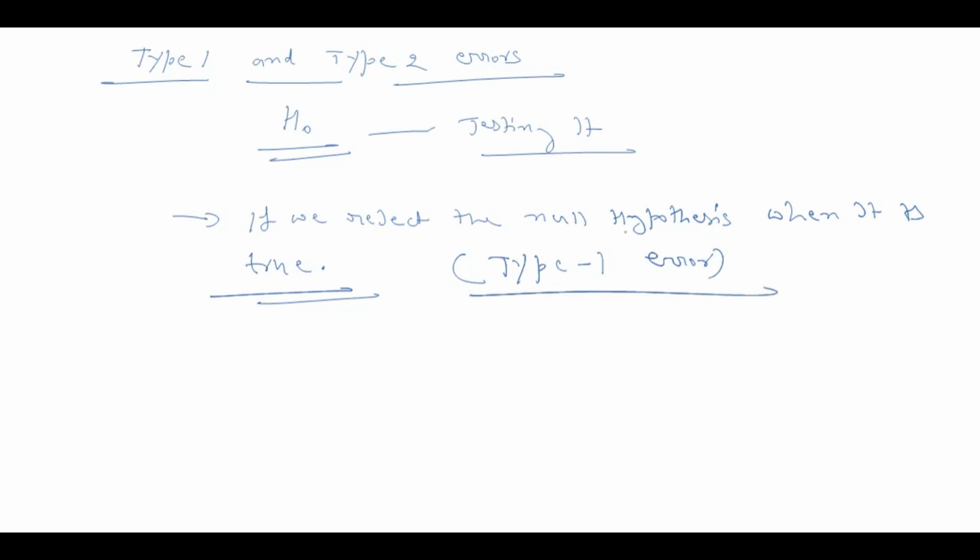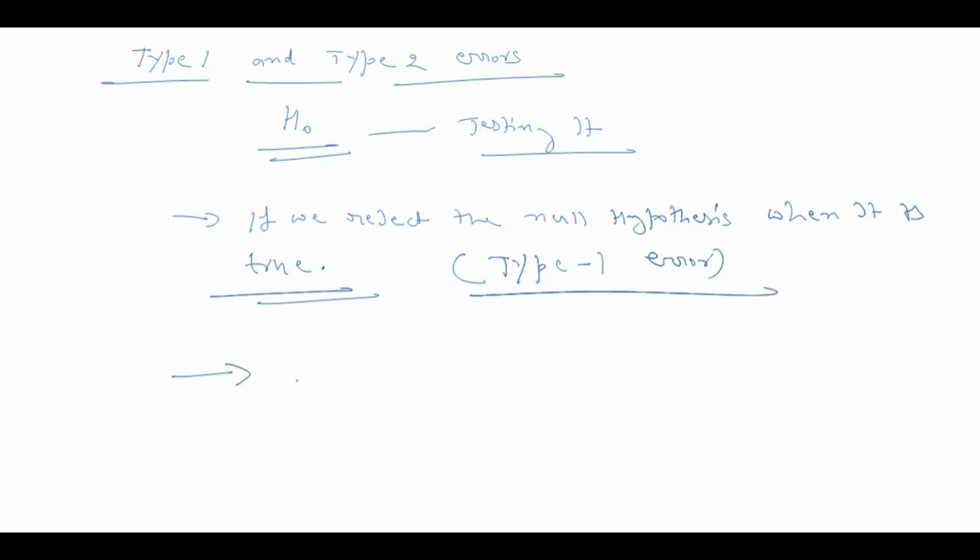Means we have some assumption, it was true, but by mistake we reject it. There may be a number of reasons for rejecting it. We might have taken some wrong data, some incorrect values for testing. That leads to rejection of null hypothesis, right?